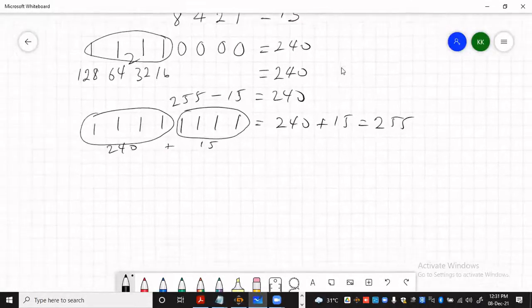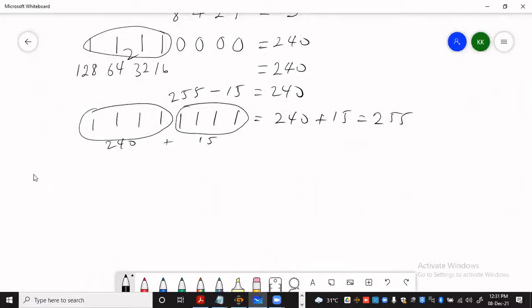Okay, let's do some examples then, and you give me the answers. So what do you have when you have 1, 1, 0, 0, 0, 0, 0, 0? What's the decimal?